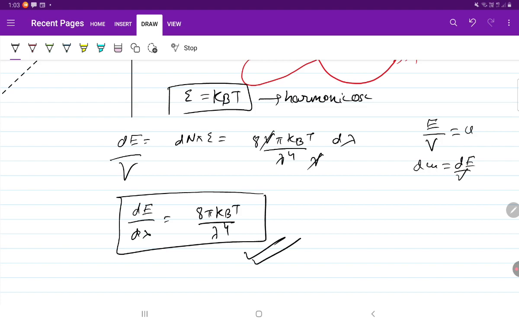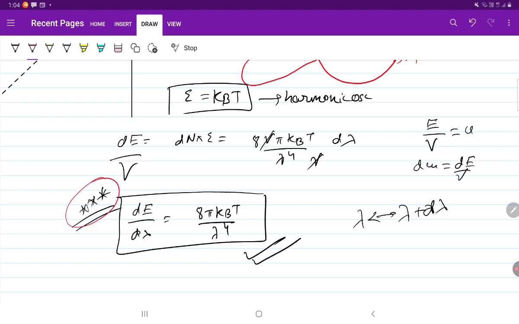We must know about this. It gives basically the energy density between two corresponding wavelengths. Suppose you are considering wavelengths from λ to λ + dλ, then the energy density confined in these two wavelengths is given by this formula. So this is actually a three-star formula. One must remember it. Very, very useful.